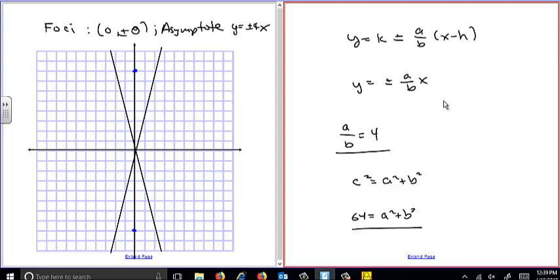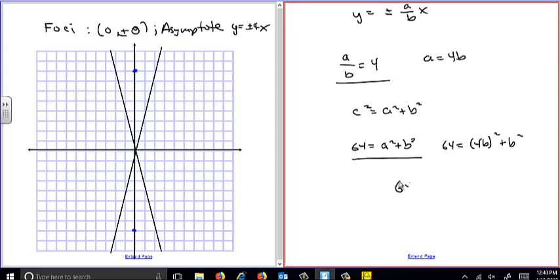So the best thing to do is to take this equation and say a is equal to 4b, and then you can substitute in here: 64 is equal to a, which is 4b, so we get 4b squared plus b squared. So 64 is equal to 16b squared plus b squared, or 64 is equal to 17b squared.